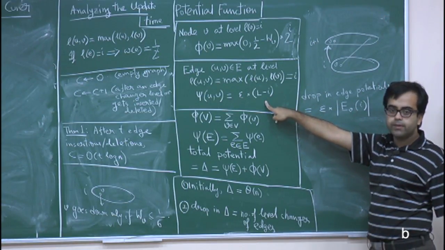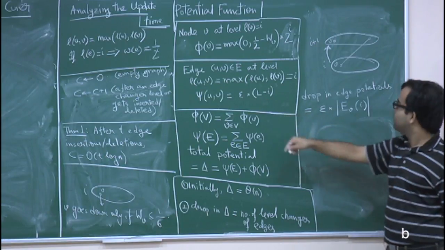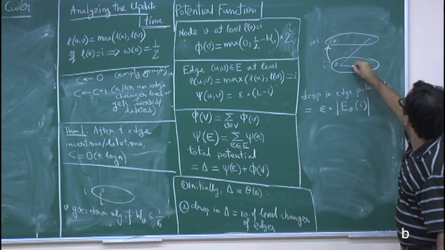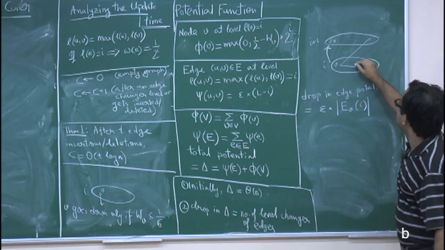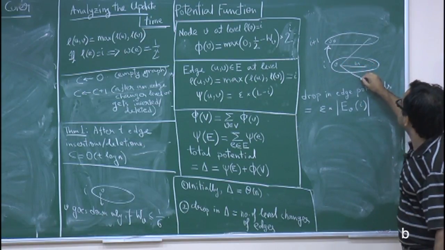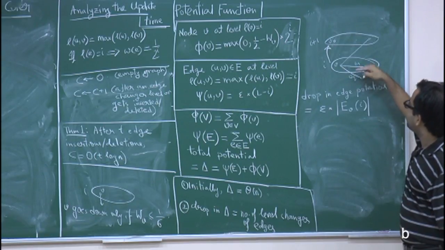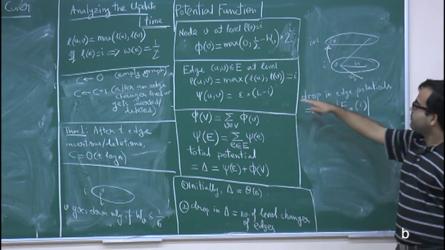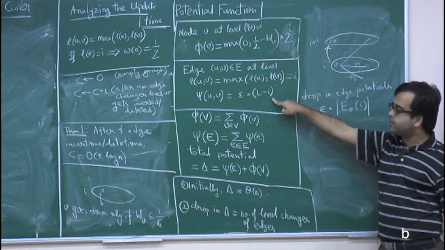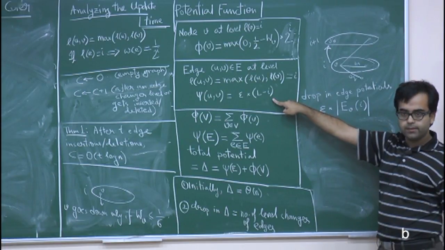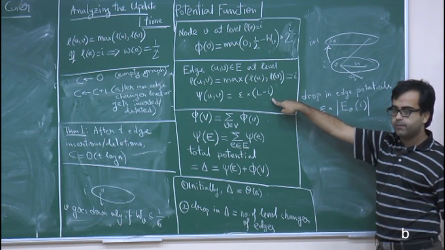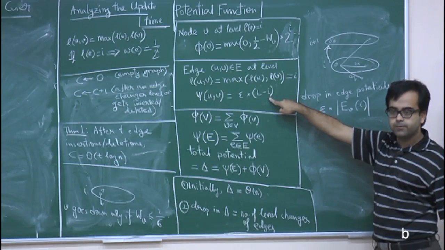No, because its level is not going to change. But if the other endpoint was here, say this is E1 or say if it was here E2, at level I or below, then by how much will it drop? Earlier it was epsilon times L minus I, now it is going to be epsilon times L minus I plus 1.